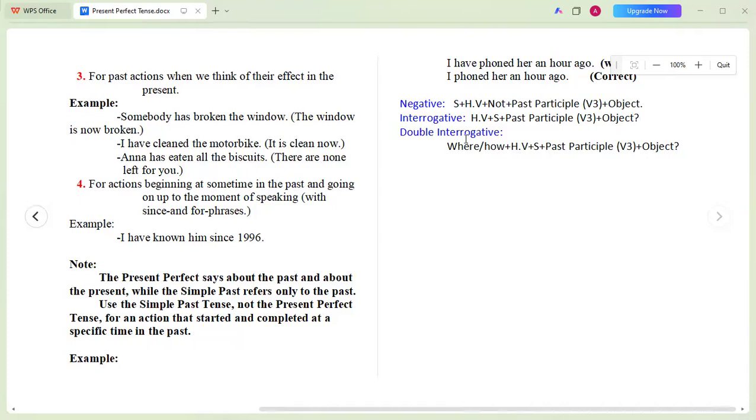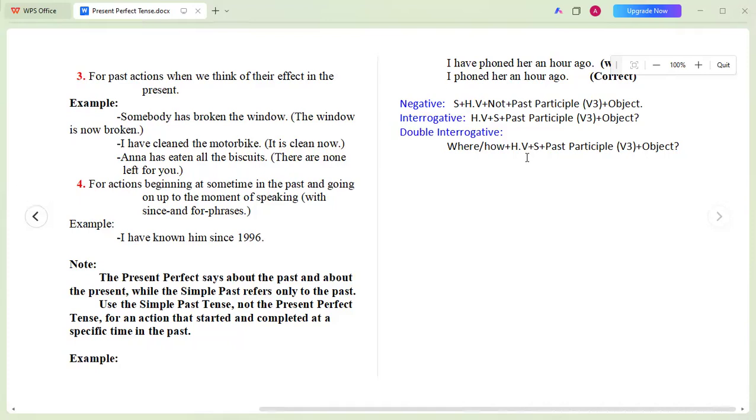And for double interrogative sentence, double interrogative means when, where, how, these interrogative words come at the start of the sentence. Okay. And soon after, helping verb comes, like where, how, when, plus helping verb plus subject plus past participle plus object.